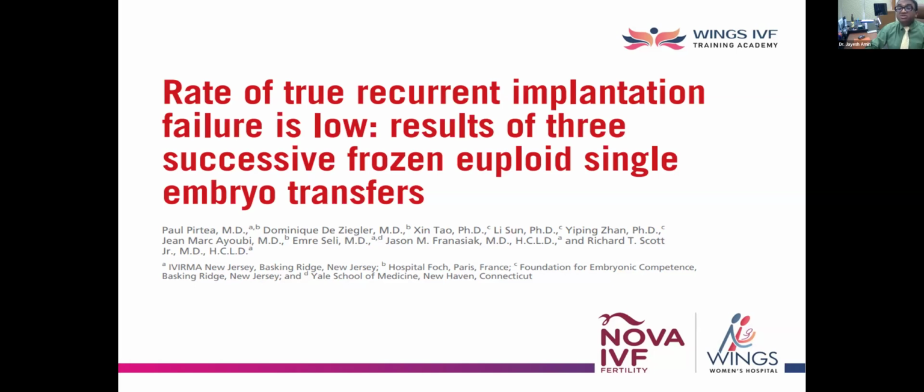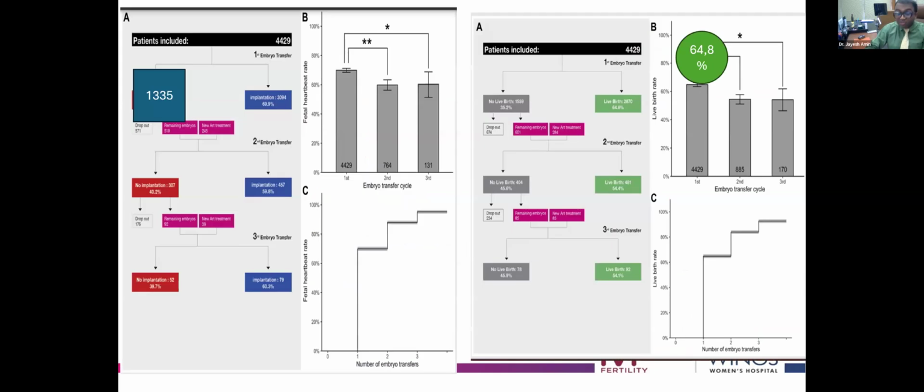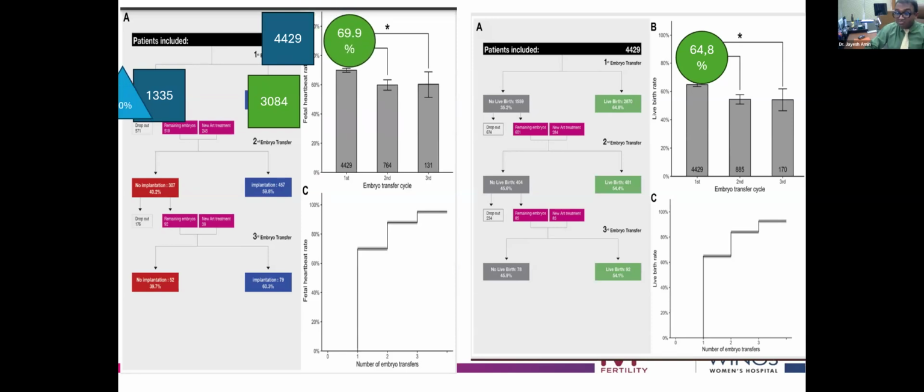When we transferred retrospectively in 4,000 patients single genetically PGT normal embryos, 4,429 embryo transfers, all single embryo transfers. Look at that: with the first embryo transfer, the clinical pregnancy rate is 69.9%.